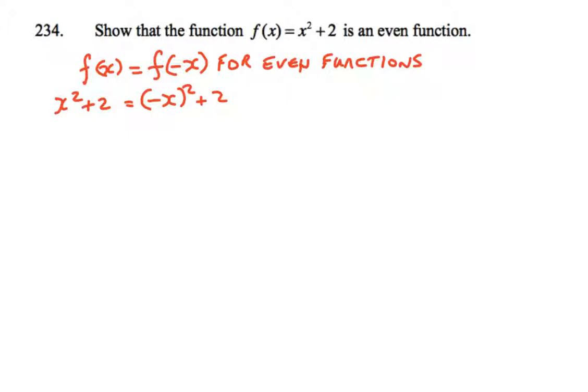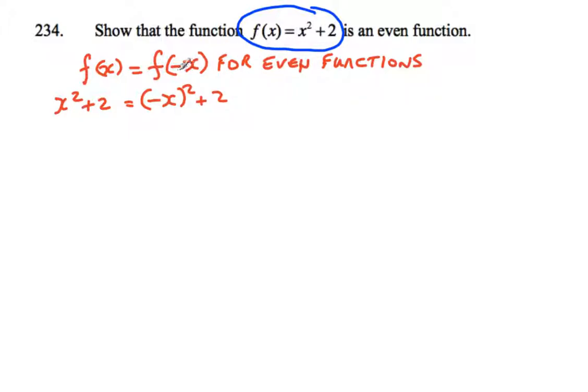Now f of x, we were given the fact that f of x equaled x squared plus 2 in the original question. So all that we have to do on this left hand side is restate the original function of x squared plus 2. Now when we've got this right hand side, f of minus x, you'll remember from the previous video that when there's something different inside the bracket here, it replaces the x in the original function.